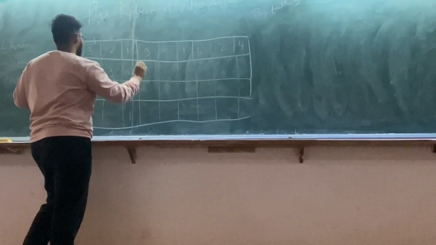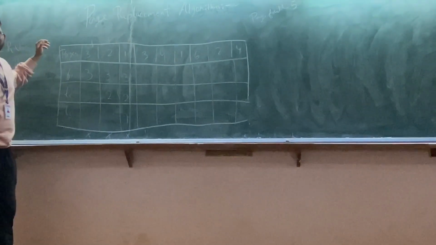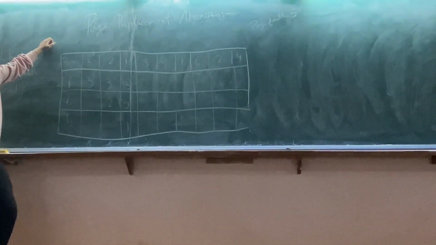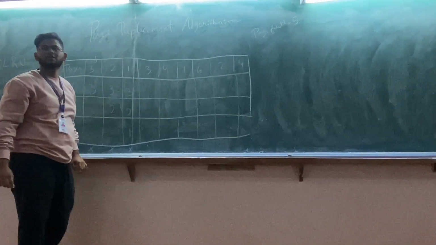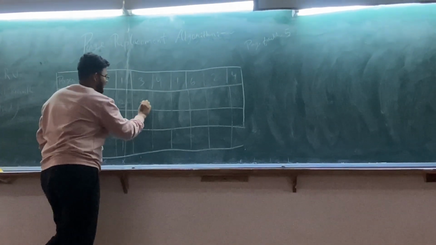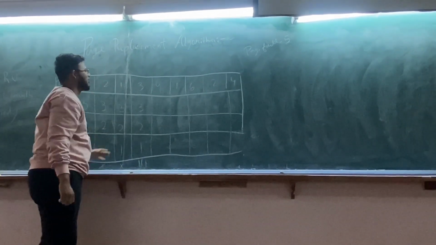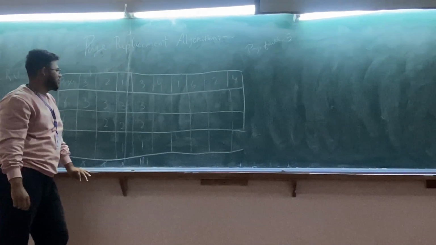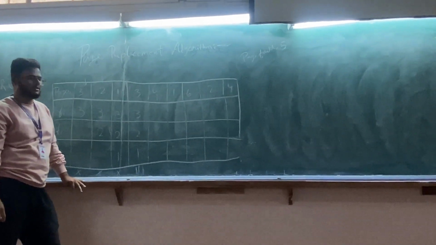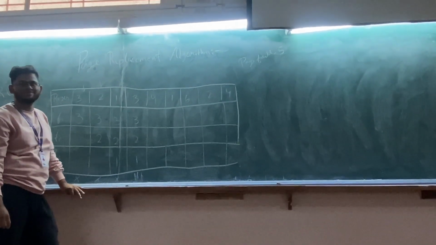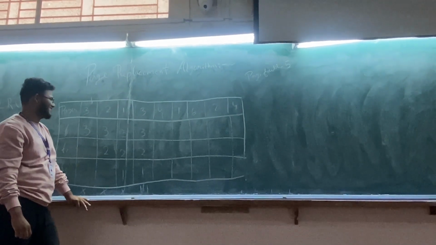Now 3 is present. 3 is already there. Okay. It becomes a hit. So now 4 is not there in the frame. Which place to replace?